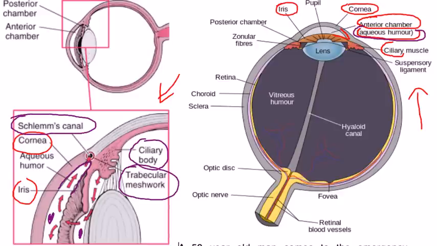If the aqueous humor is not able to escape, that's when you get glaucoma. Because if it can't escape, it stays in the anterior and posterior chambers, and that can increase the pressure in that area. So that's the heart of it.